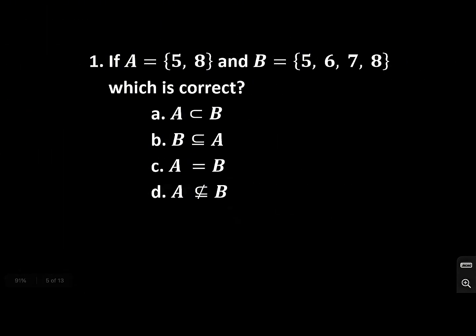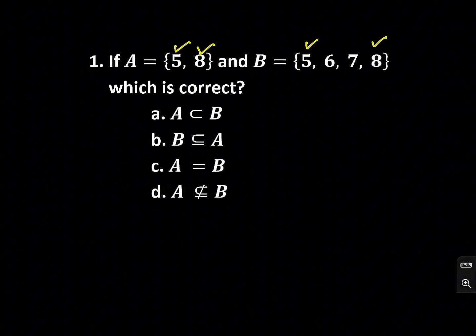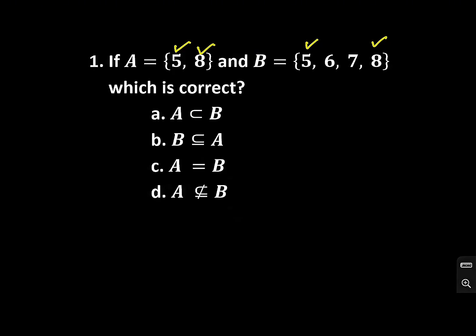Let's try an example. Number 1. If set A has the elements 5 and 8, and our set B has the elements 5, 6, 7, 8, then both can be answered by subset and proper subset.